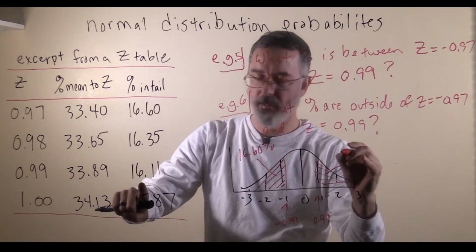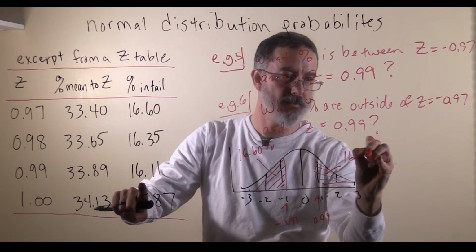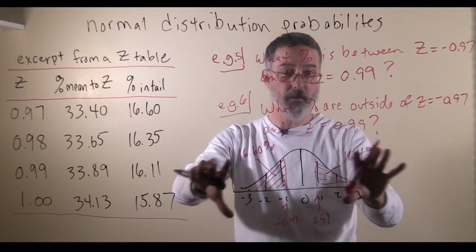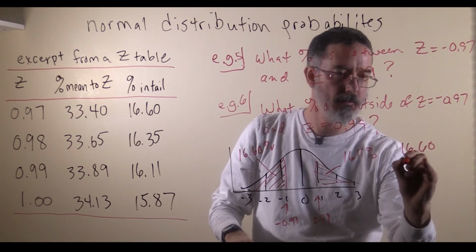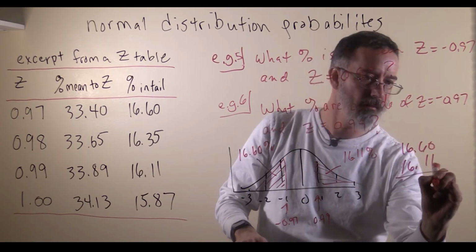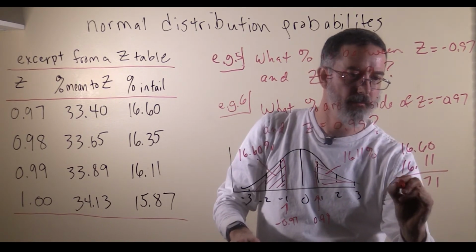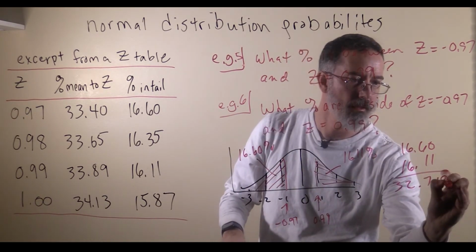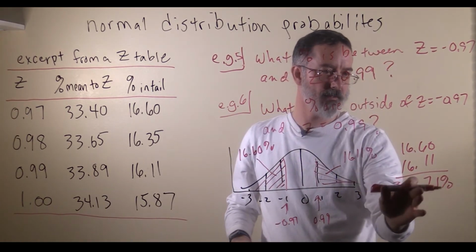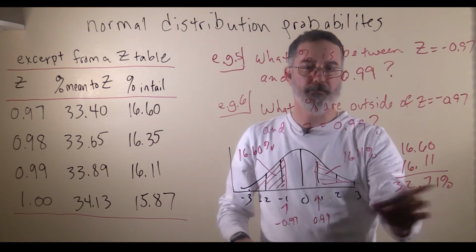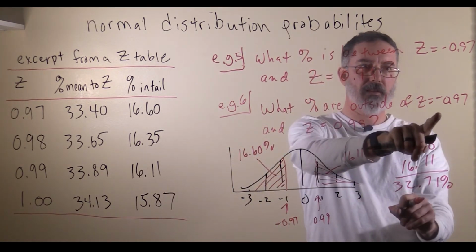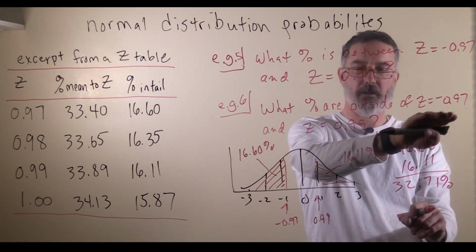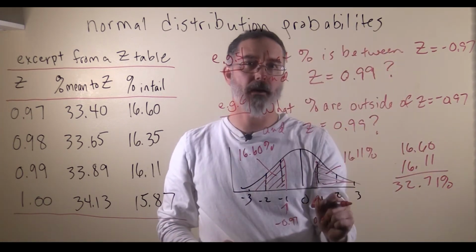So that is going to be 16.11%. We need to figure out the sum of those two, so we'll add them together. 16.60 plus 16.11 is 32.71. So the answer is that 32.71% of the area of the overall curve is outside of z equals negative 0.97 and z equals 0.99.